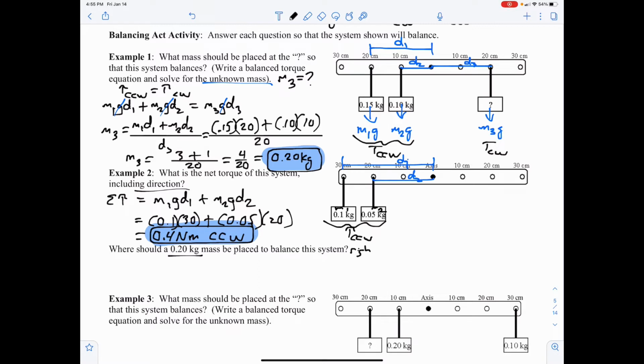In order to balance the system, this needs to contribute to the exact same torque. So to balance, we need 0.4 Newton meters of torque on the right side.